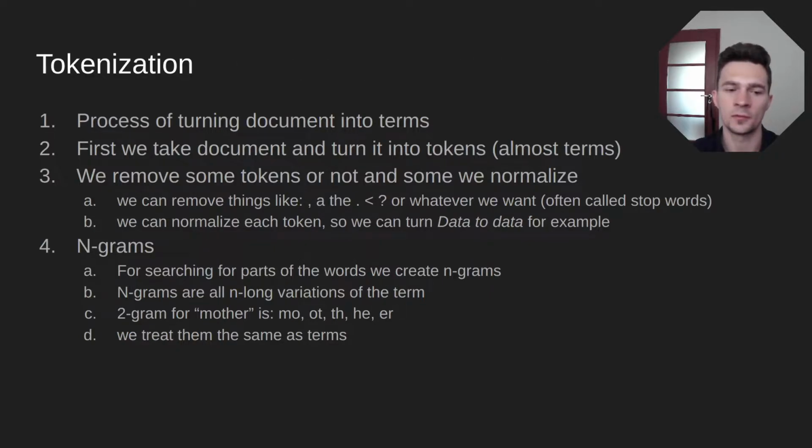We often remove them, and we then frequently normalize them. In practice, it means that in most cases we are changing the terms to lowercase, so we can have a case insensitive query.